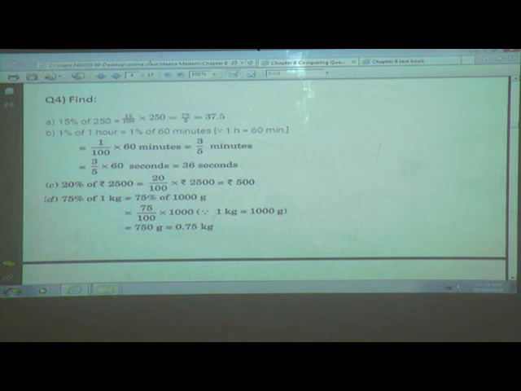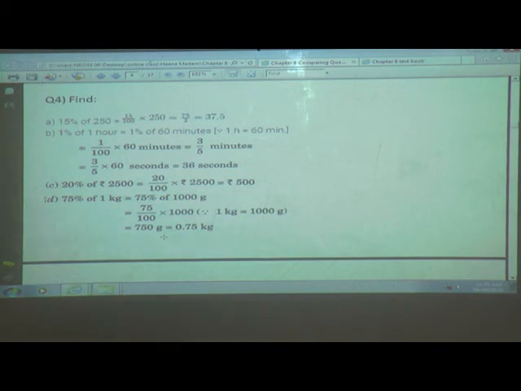After reducing we find it is 750 gram, which is equal to 0.75 kg. If it is given in gram and we convert it into kg, it should be divided by 1000. I think you have understood how to convert a percentage by considering it out of 100.